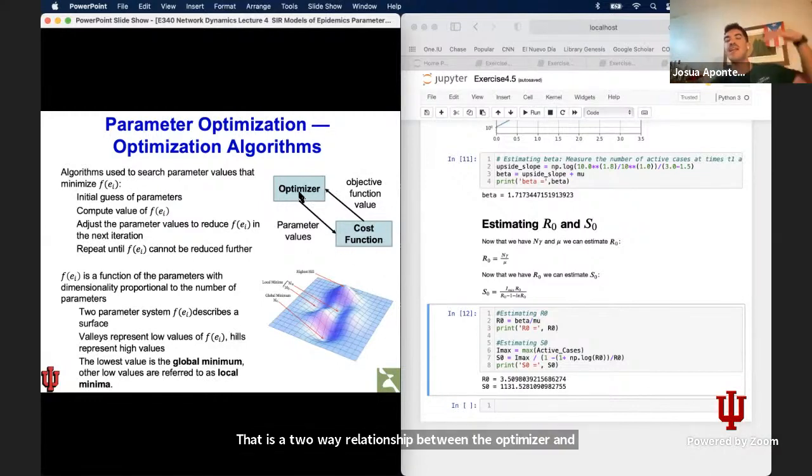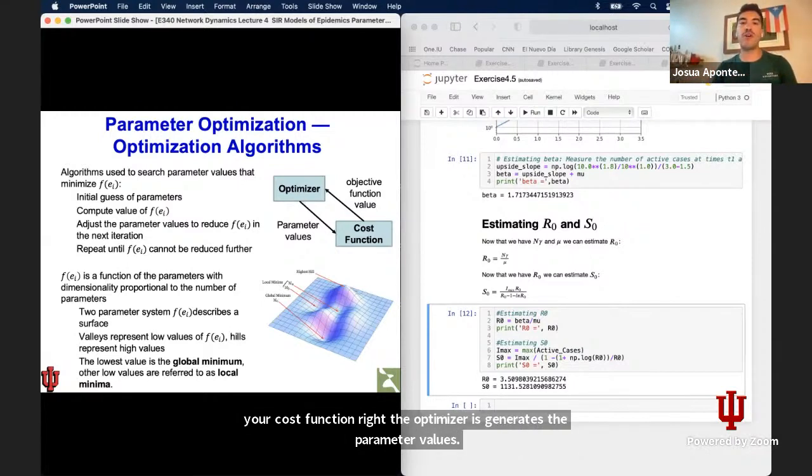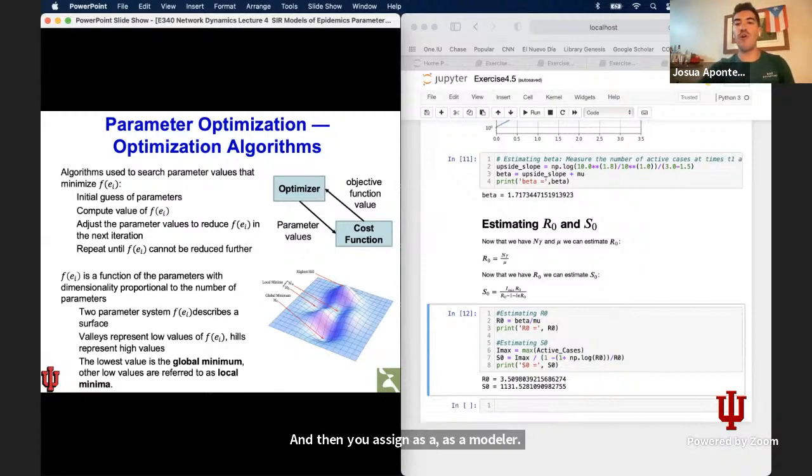The optimizer generates the parameter values, and then you as a modeler are responsible for calculating what the cost function is, which in our previous case we explained is most commonly a type of chi-square cost function, and then pass back to the optimizer the value of that cost function, so the optimizer can guess in what part of the parameter space it is, whether it is approaching a minimum, or whether it is in a part where it's pretty much flat.